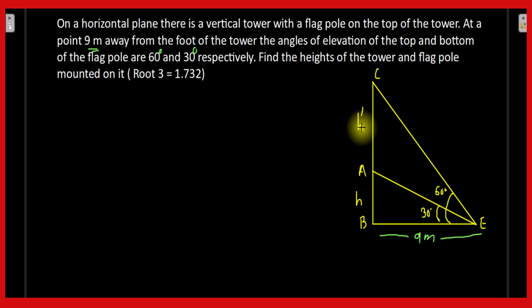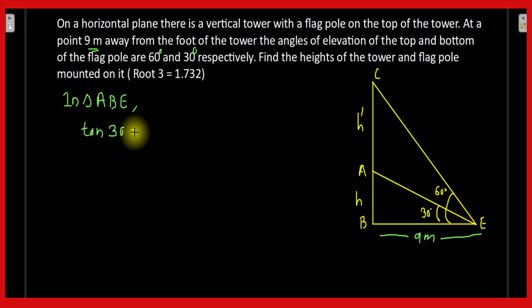So let us first take the two triangles, triangle EAB and triangle ECB. First I have taken triangle ABE, this smaller triangle. So in triangle ABE, we have tan 30 equal to opposite upon adjacent.